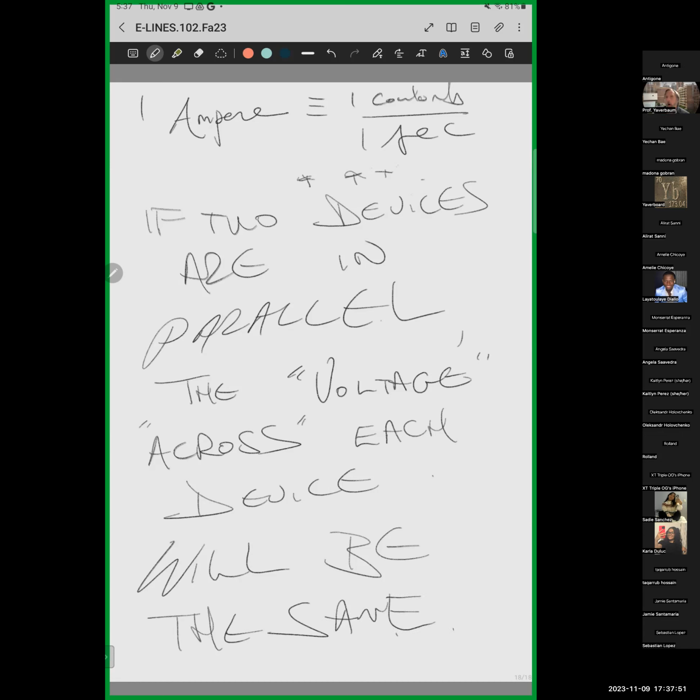I'm saying current through devices in series is always the same. Voltage across devices in parallel is always the same. Well, why would that be? That must be because of what the definition of voltage is.